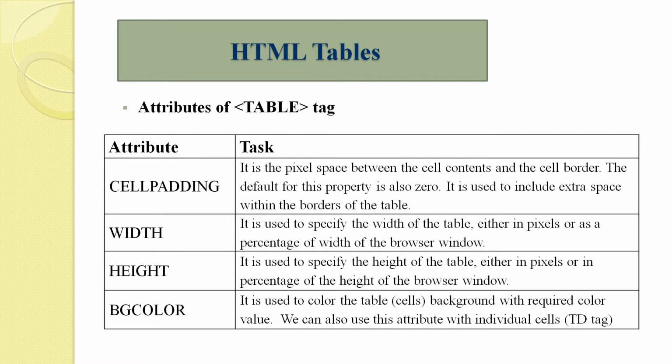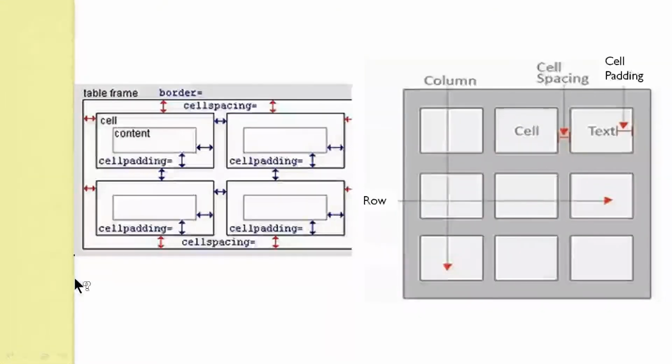Let's understand cell spacing and cell padding via images. Here we have one image. I think all can see the table frame is available, and this is the cell. There are 4 cells available. The space or the gap between 2 cells, we call the cell spacing.